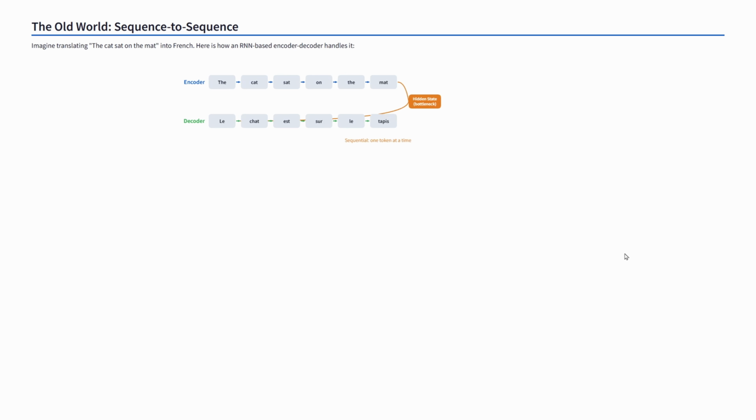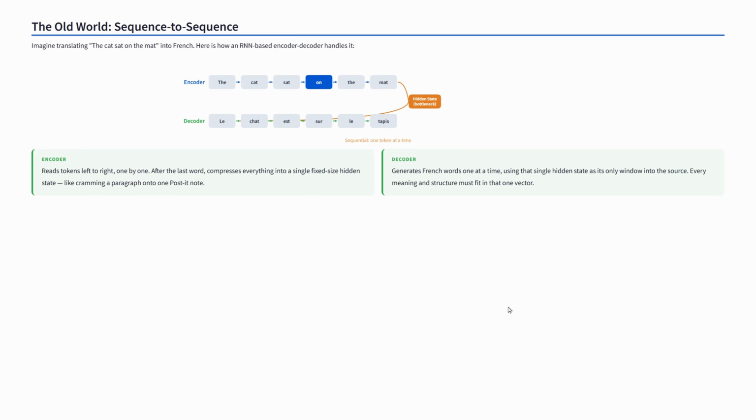On the right side, the decoder takes that compressed vector and generates the French words one at a time. Now, here's the important part. That single vector in the middle is the decoder's only window into the source sentence. Every bit of meaning, every grammatical relationship, every word ordering, all of it has to fit inside that one vector.